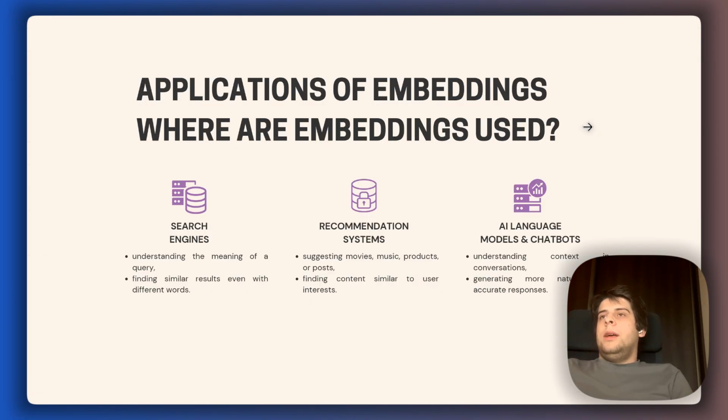And the last one is AI language models and chatbots. As we've mentioned, every chatbot, every model basically uses it to produce not only the searches, but also the replies from the models, which are constructed from the embeddings, but we are switching the order of operations.